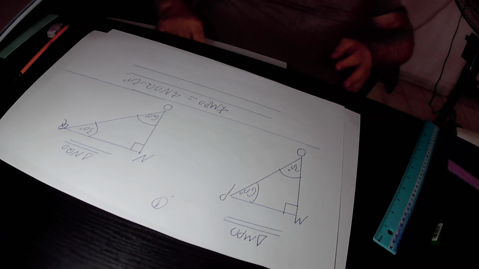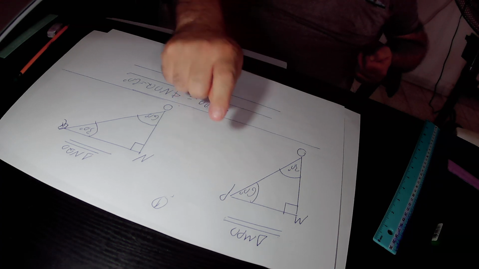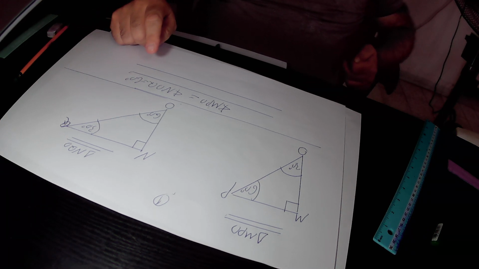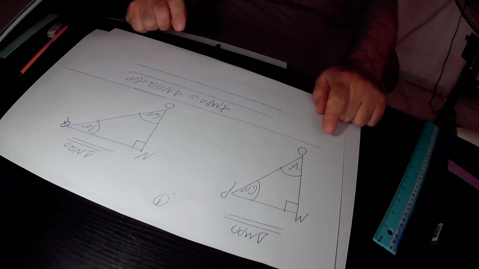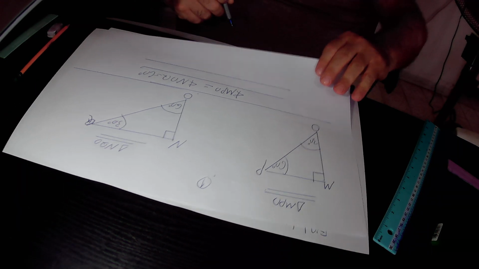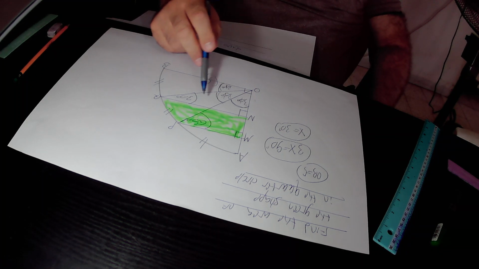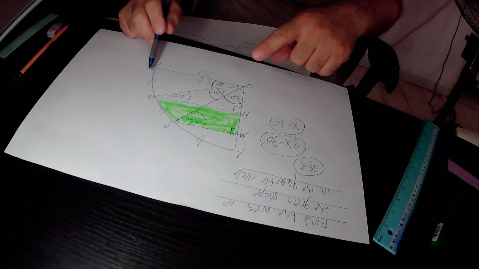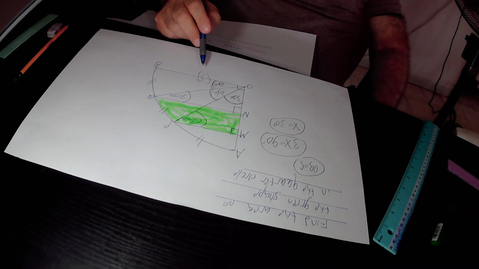In addition, side OP of the right triangle MPO equals side OQ in the right triangle NQO, because they are both radii of the circle, equal to 5, and therefore they are equal to each other. Here it is very easy to see that OP equals OQ, because those two lines OP and OQ are both radii of the circle equal to 5.